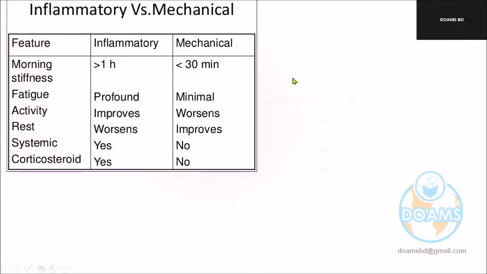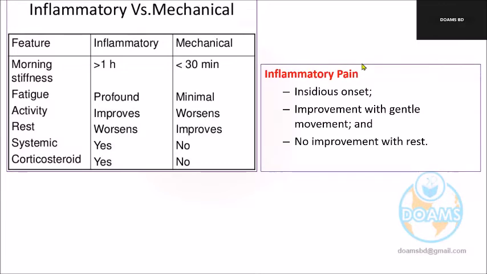And now some other points of inflammatory pain are insidious onset, improvement with gentle movement, and no improvement with rest. So these actually differentiate it from mechanical pain. Try to remember improvement with gentle movement.